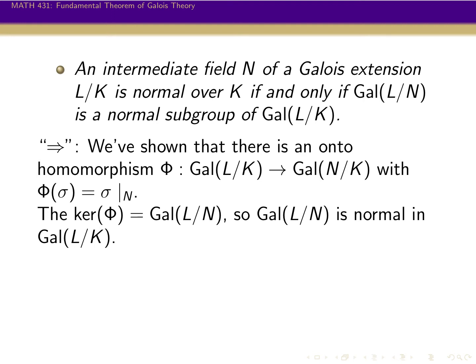And so since we know that the kernel is the Galois group of L over N, that means that the Galois group of L over N is normal inside the Galois group of L over K. This is coming from the fact that kernels of homomorphisms are always normal subgroups.